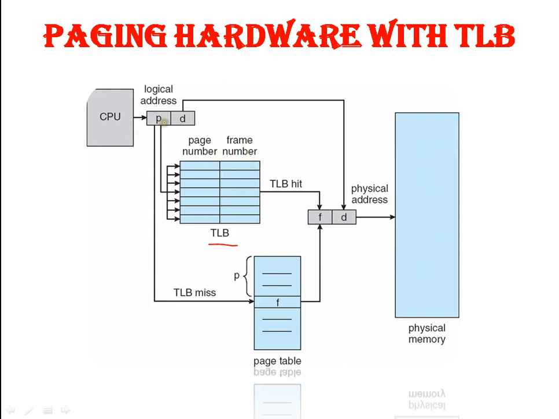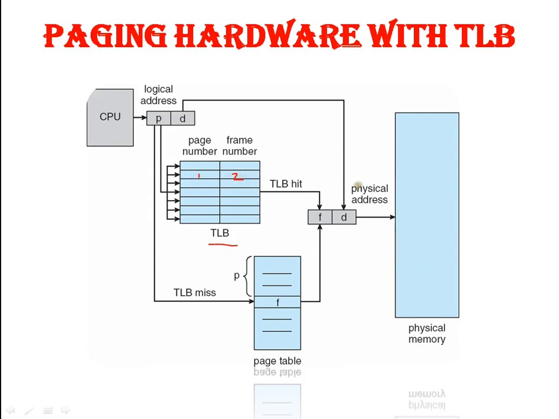Whenever the page number of the logical address is generated, the page number is first searched inside the TLB. Say I am searching for page number 1 and this page number is present with frame number 2.